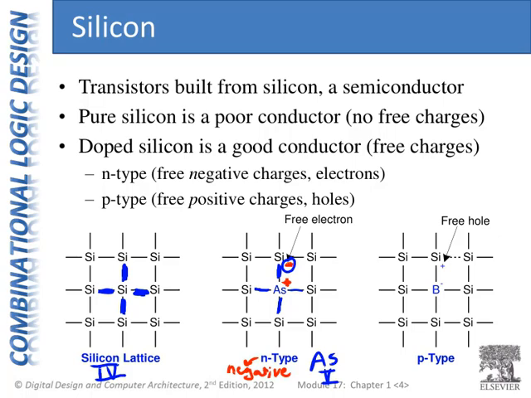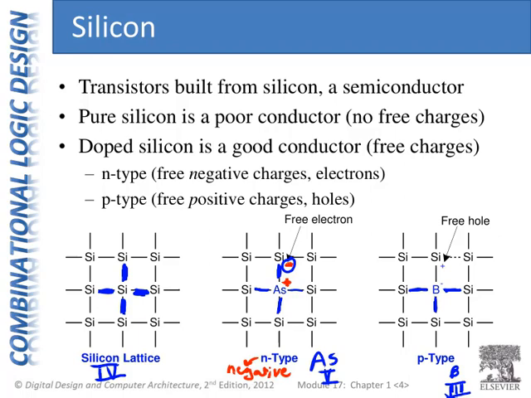We can also have P-type. So here's a boron atom that we've doped this silicon lattice with. Boron is a type 3 atom. And so boron forms bonds with 3 of its neighboring silicon atoms. But then it wants to form a 4th bond, but it's lacking. It only has 3 electrons in its outer shell.